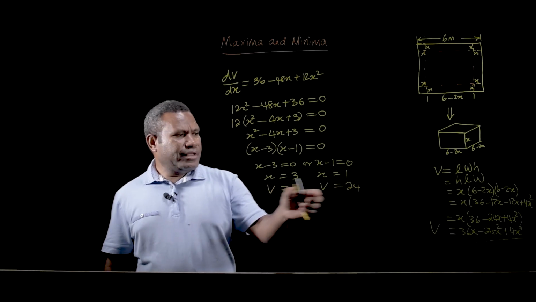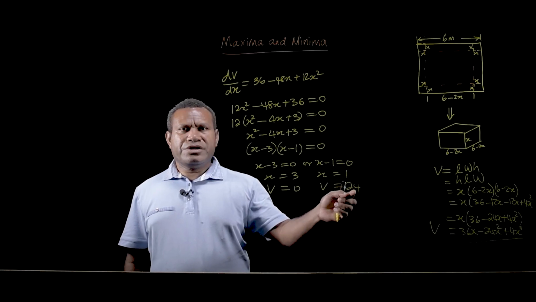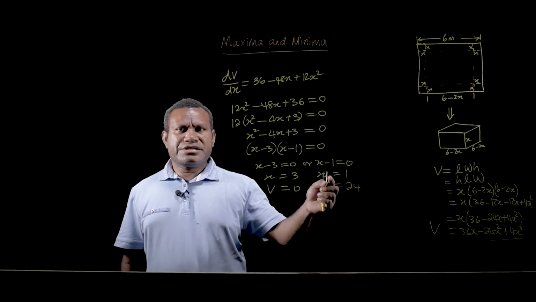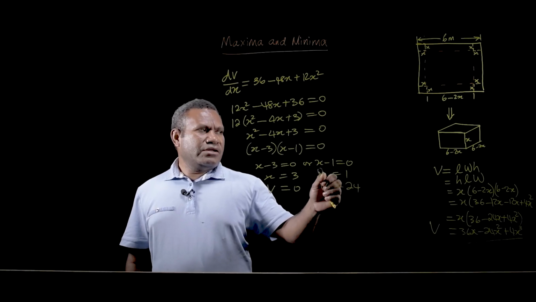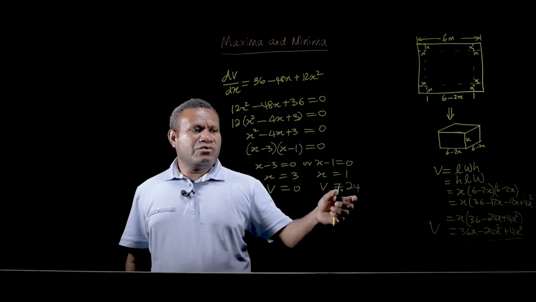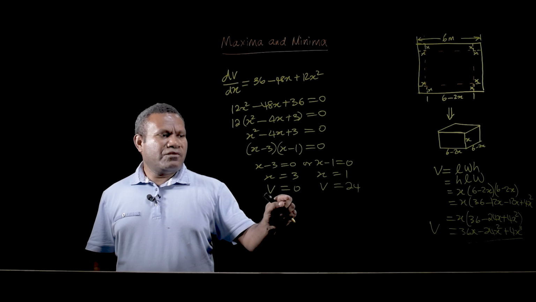Now, as you can see, comparing these, the maximum volume will be 24 when x is equal to 1. So we can say that 1 is the value of x that will produce the maximum volume, while x equals 3 will be the value of x that produces the minimum volume.